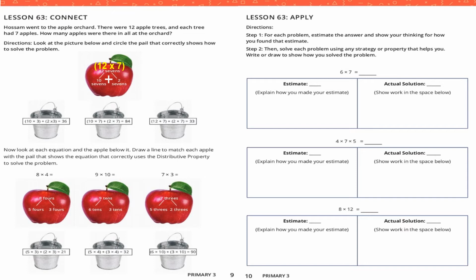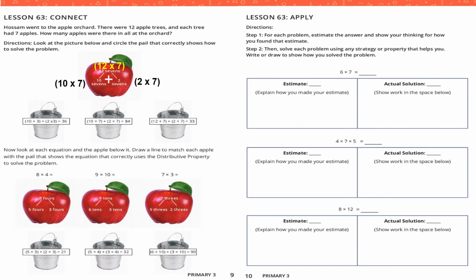10 sevens means what? 10 times 7. 2 sevens means what? 2 times 7. Which pair gives me the same distribution for this equation? The first pair, 10 times 3 plus 2 times 3. Do we have any 3's here? No. So it's wrong. The second one, 10 times 7 plus 2 times 7.